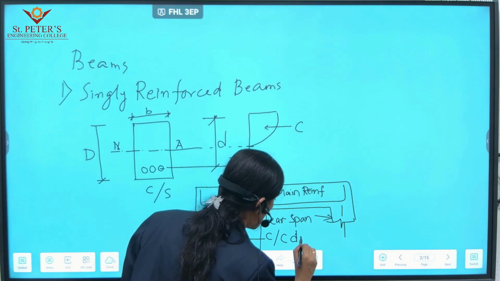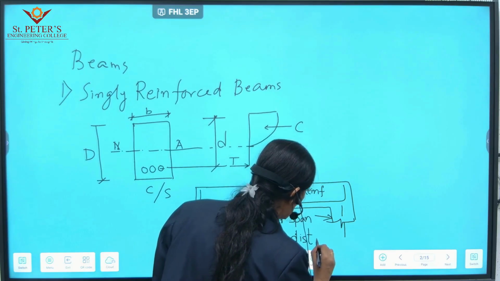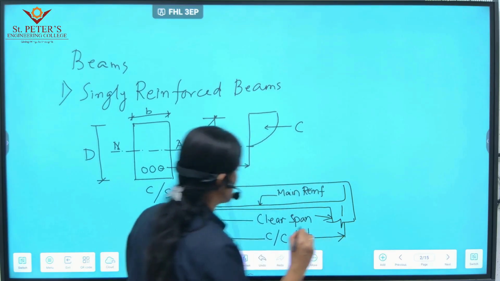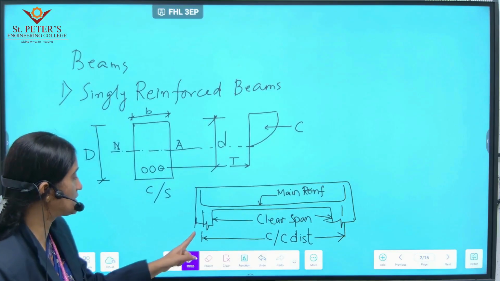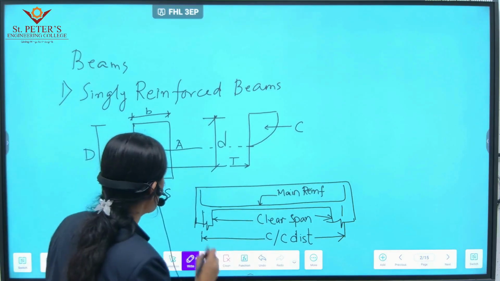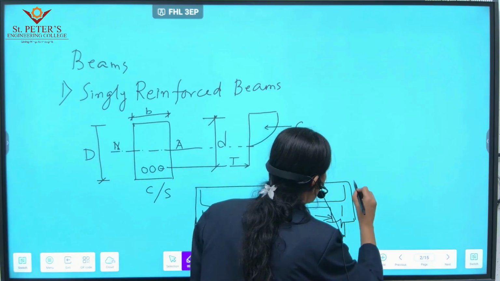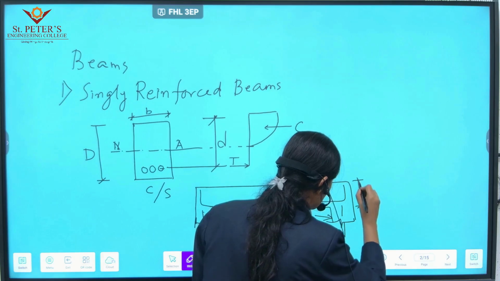While designing or analyzing, we require the center to center distance, the clear span, the depth of the beam, and the width of the beam.